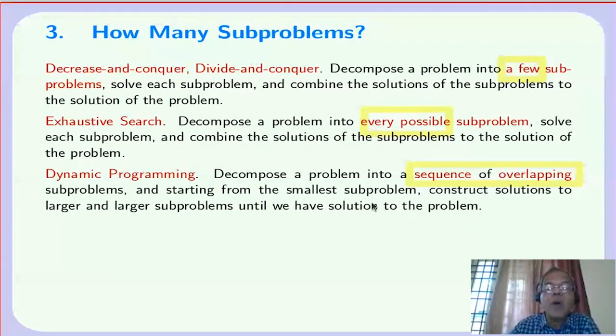And starting from the smallest subproblem, construct solutions to larger and larger subproblems until we have a solution to the given problem. In exhaustive search, we decompose the problem into every possible subproblem. If you take the whole collection of subproblems, there is a large number of duplicates. These duplicates are what we call overlapping subproblems.